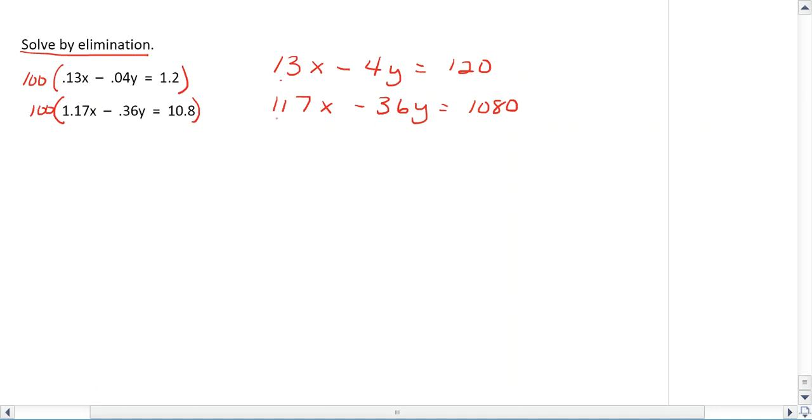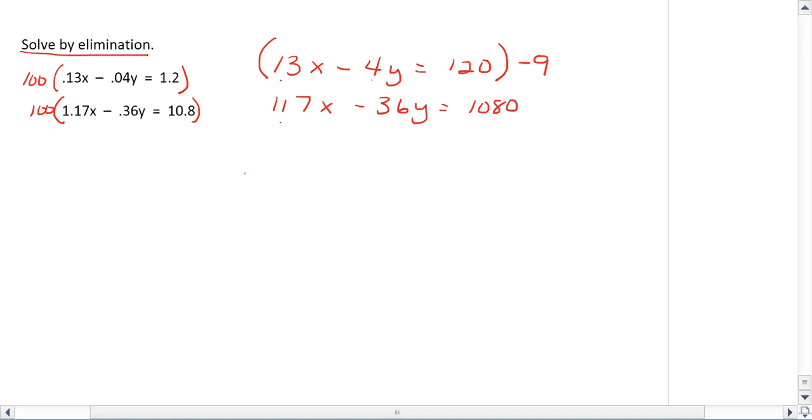So we have a 13 and a 117. I'm not recognizing anything there. But I recognize that 4 times 9 is 36. And I have a negative and negative. So if I choose, I could multiply this top equation times a -9 and make the y's drop out.